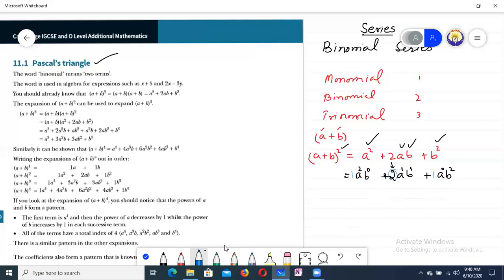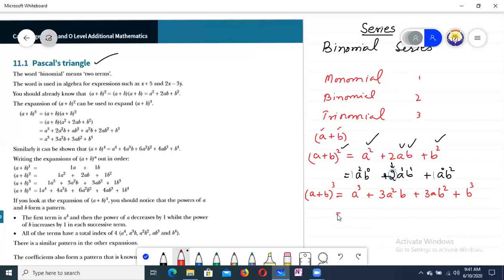Here, one more example I am giving you. If you write a plus b whole cube, the algebraic identity of the cube, a plus b whole cube will be equal to a cube plus 3a square b plus 3a b square plus b cube.